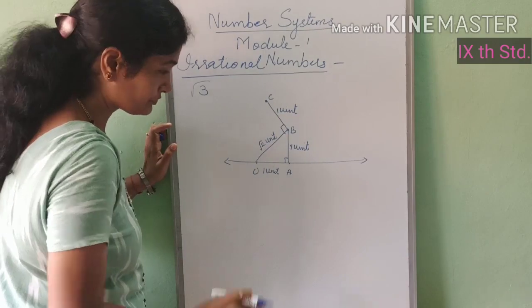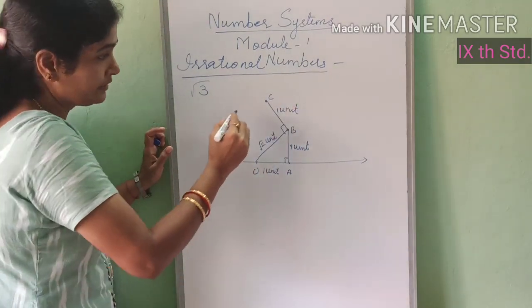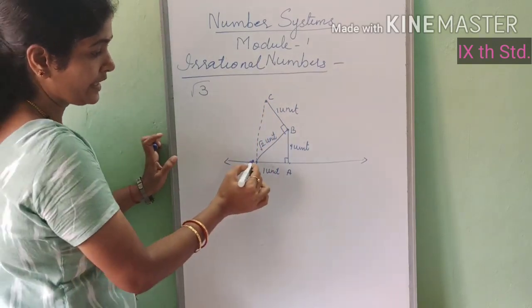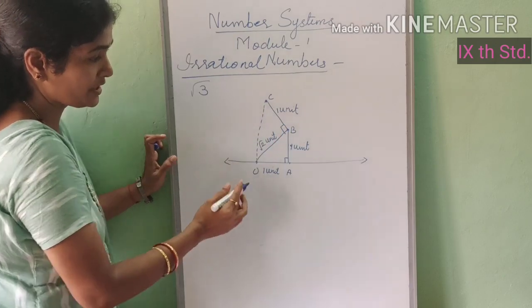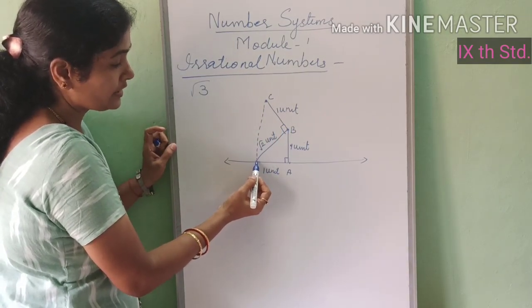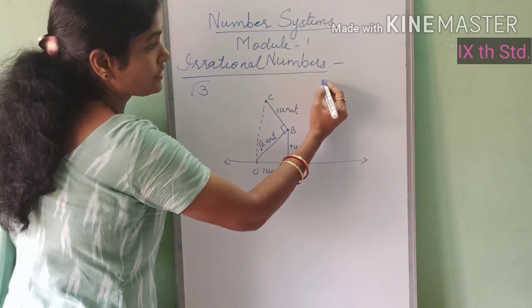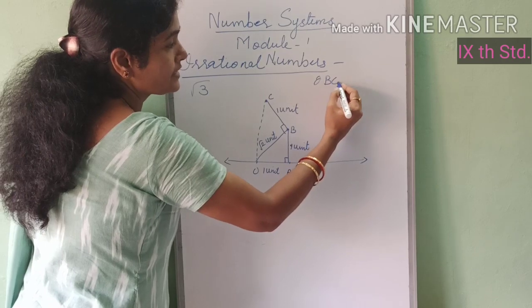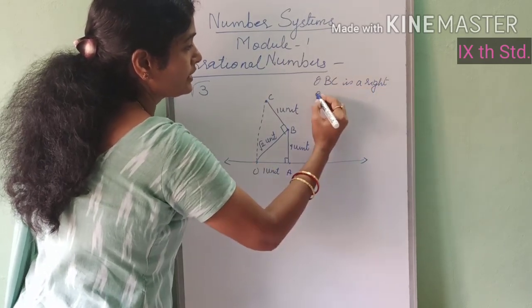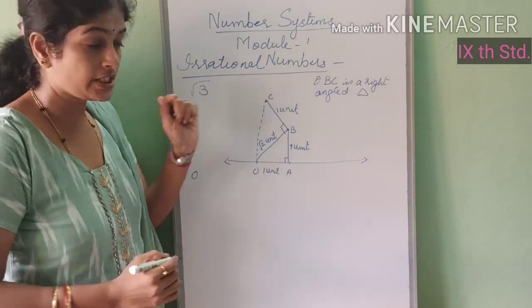1 unit. Fine. Then join O to C. Then look at this. What will be the OC distance? OC distance, how to calculate? See, this triangle OBC is a right angled triangle. Look carefully. Triangle OBC is a right angled triangle.